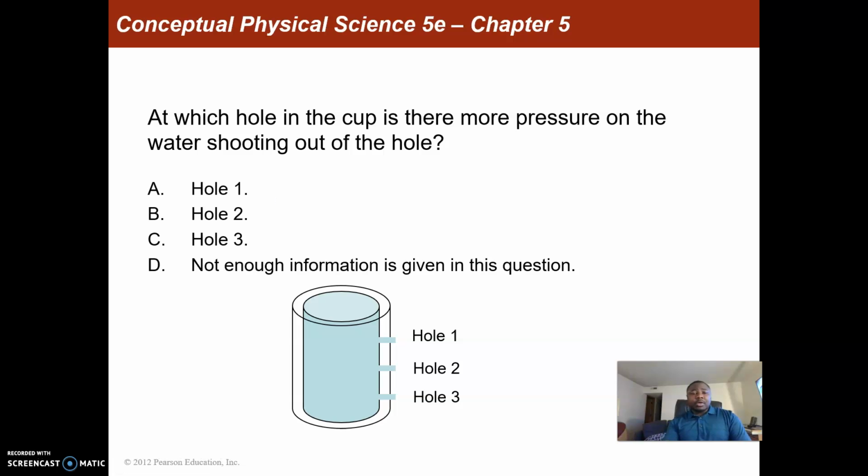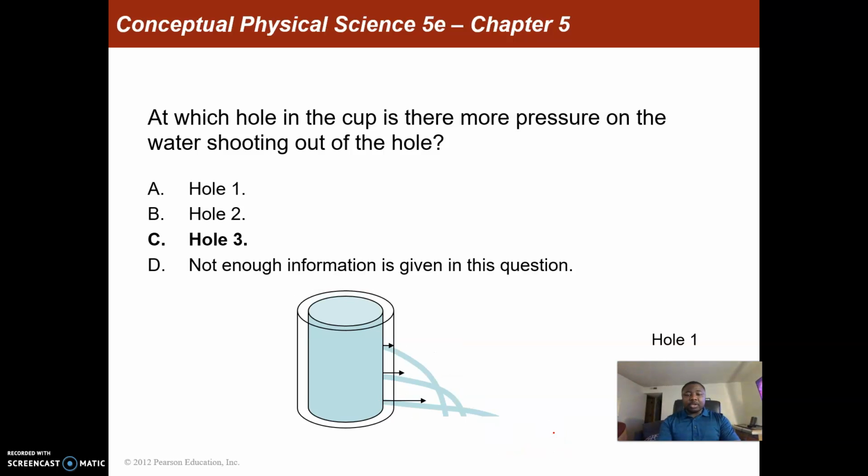Okay, question one: at which hole in the cup is there more pressure on the water shooting out of the hole? So if you compare this, where will water flow? If you see this drawing, it will generally be hole 3. That's because we said that pressure increases with depth.